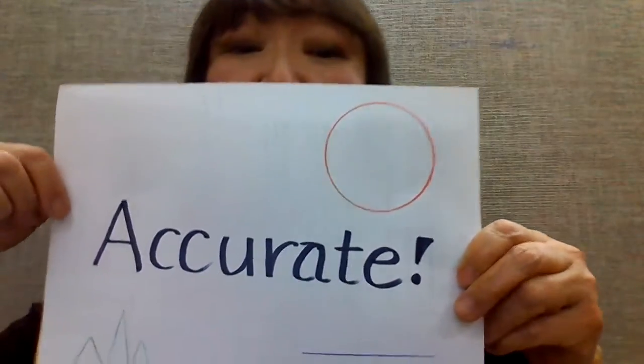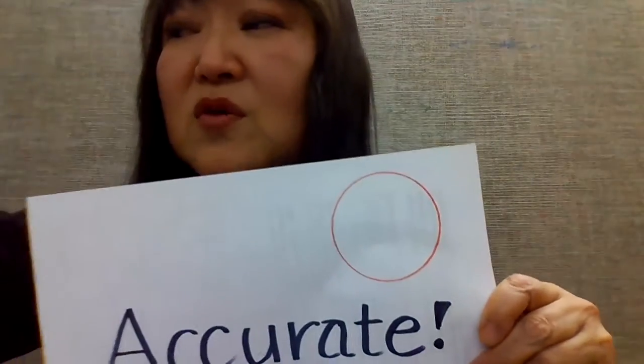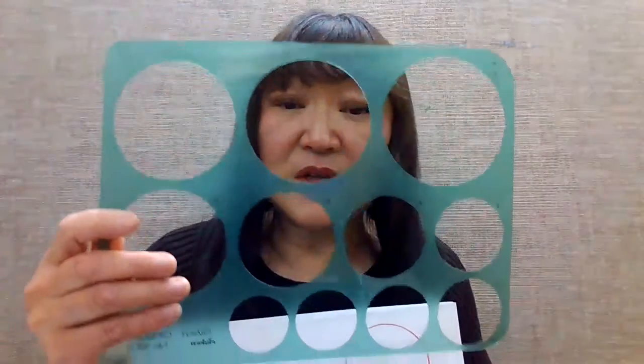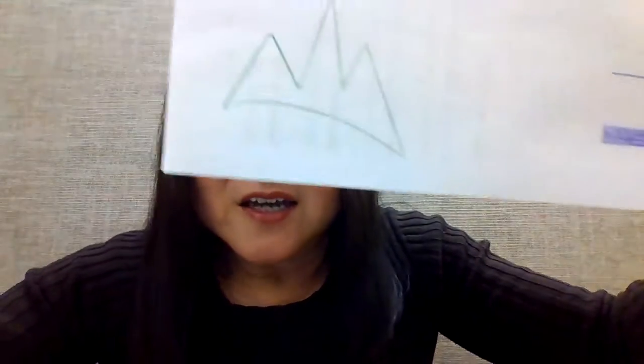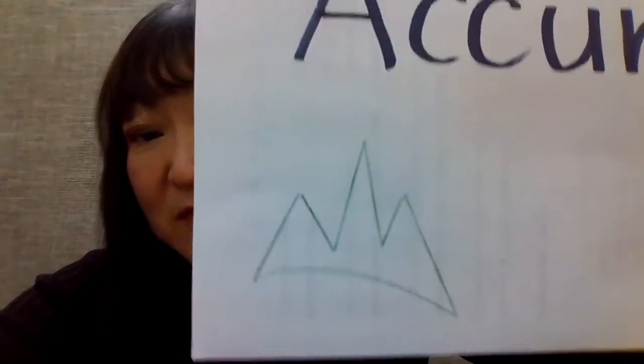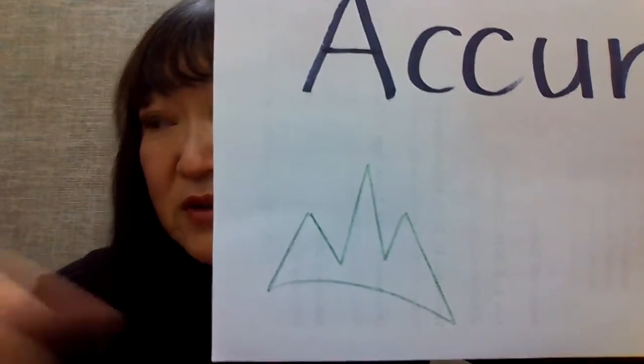If you're drawing a circle, don't just go freehand. Use a stencil like this or use the bottom of a round object and draw it perfect. If you're drawing straight lines, use the ruler. Even if you're drawing a free shape like this, where it's straight, use a ruler, and make it accurate as if you made it with computer graphics.